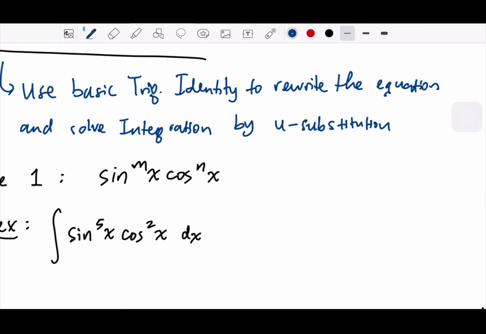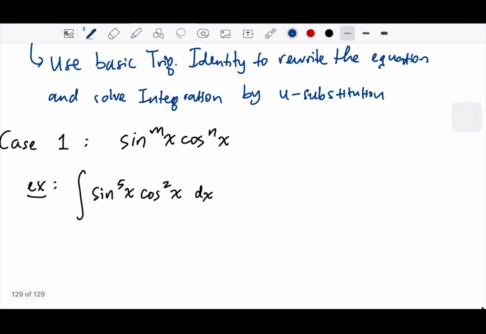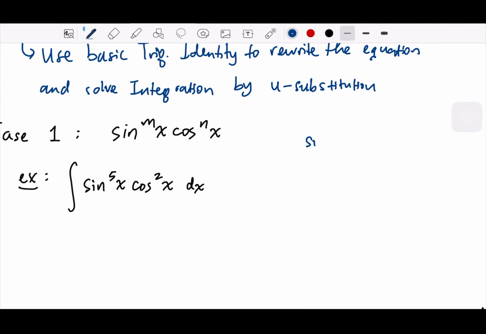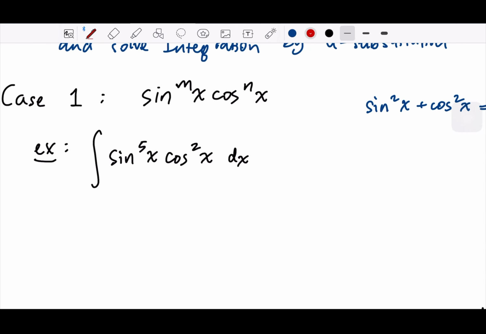Now to solve this sine with power of 5 and then cosine squared, the first thing is we need to remember the basic identity: sine squared plus cosine squared is equal to 1, right? Now we look at the equation and we see that we have sine with power of 5.